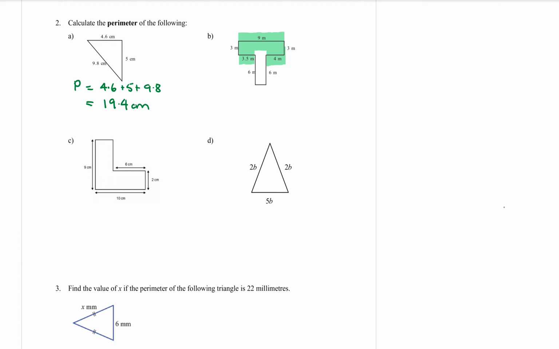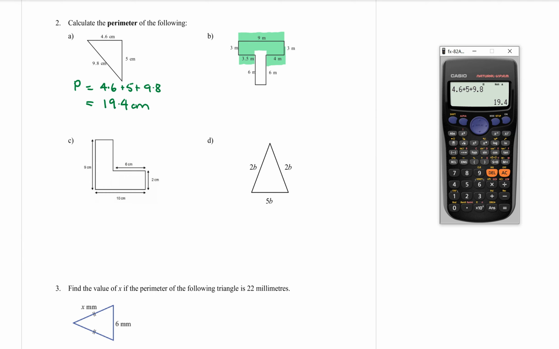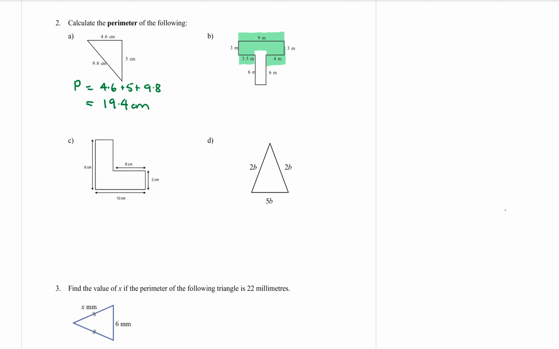So to find this little gap in the middle, I would do 9, take away the 4 and take away the 3.5. So 9, take away the 4, take away 3.5 means that this little one down here must be 1.5.